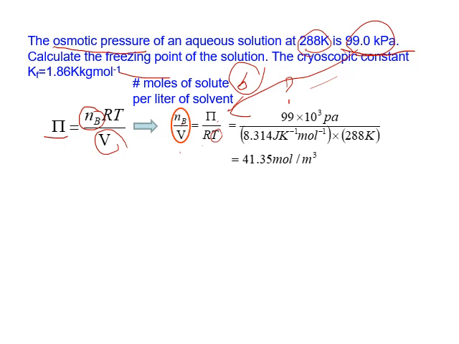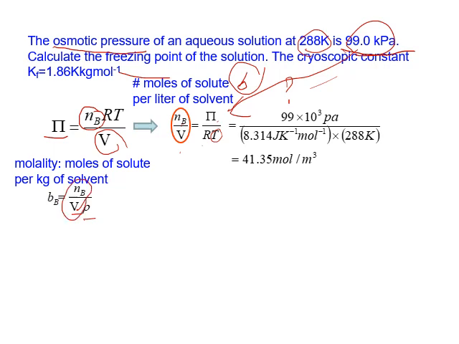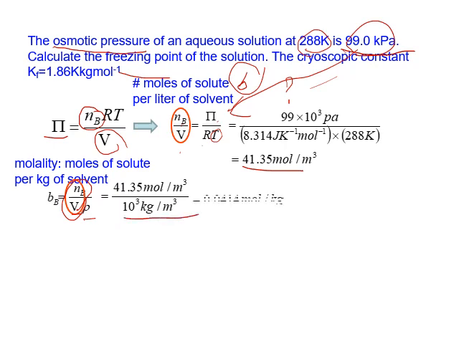So in order to get kilogram, the volume should be multiplied by density. So it is calculated by number of moles divided by volume times density. This is already known to be 41, so all you need to do is divide by the density, 1000 kilogram per cubic meter, and that gives you 0.0414 mole per kilogram.